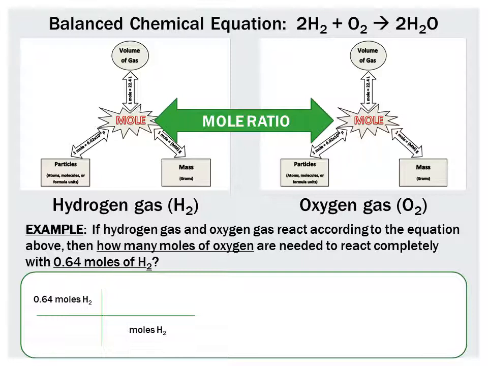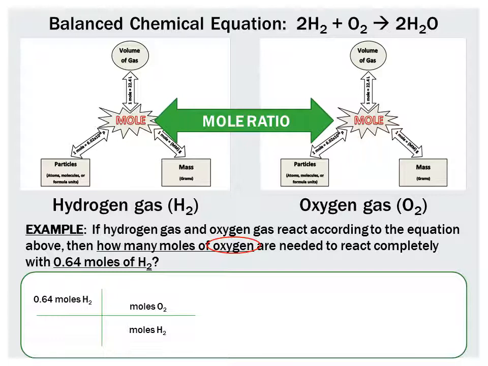Whenever you're in moles, you can freely move from one compound to another within the balanced equation. Because hydrogen and oxygen are both in the same balanced equation, I can write a new conversion factor of moles of hydrogen and moles of oxygen.